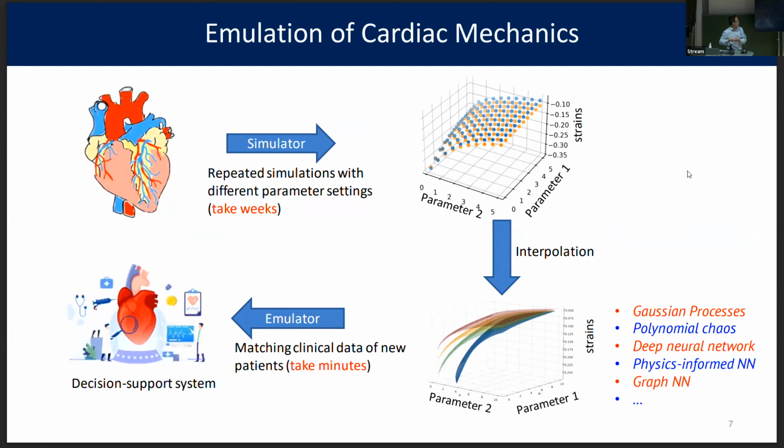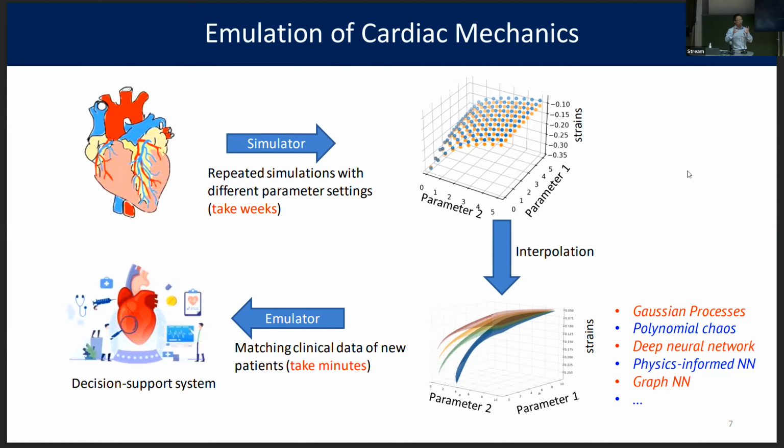We know the physics, and we can use this big data to train statistical models, using interpolation or regression approaches. There are various statistical models, like the Gaussian process, polynomial chaos expansion, deep learning neural networks, graph neural networks, and physics informed neural networks. Those models have been used in the quantum mechanics field actually.